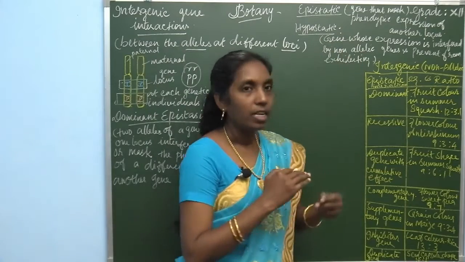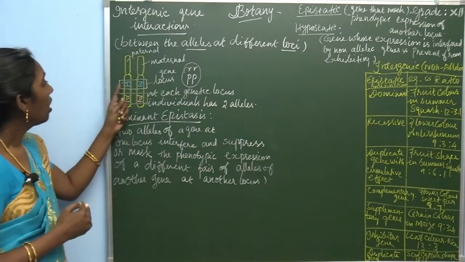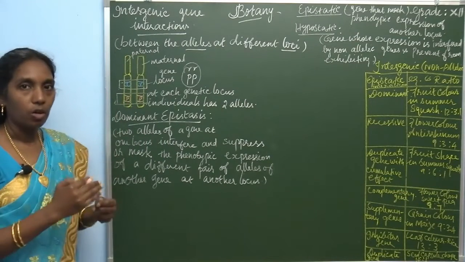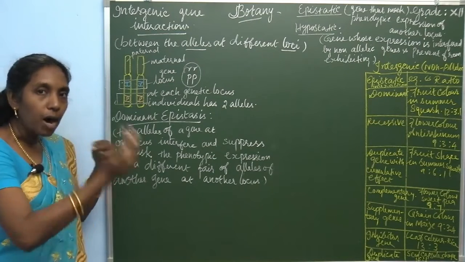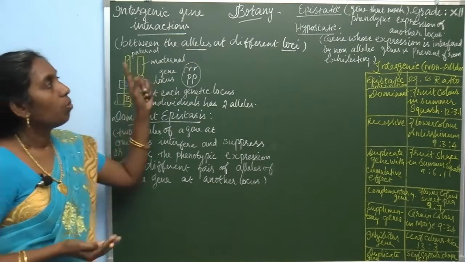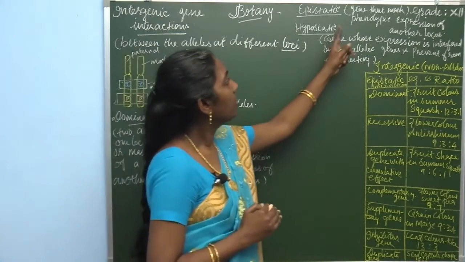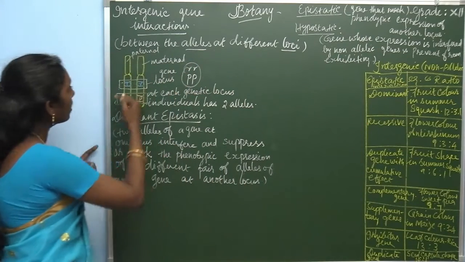Epistatic is the gene that masks the phenotype. As I mentioned earlier, here there are two alleles at different loci. One locus of allele masks or suppresses the other locus. So what is epistatic? The gene that masks the phenotypic expression of another locus.